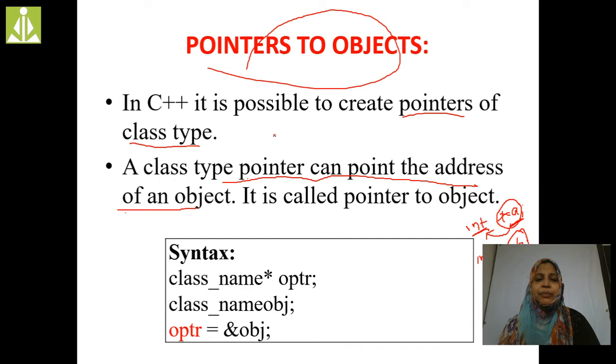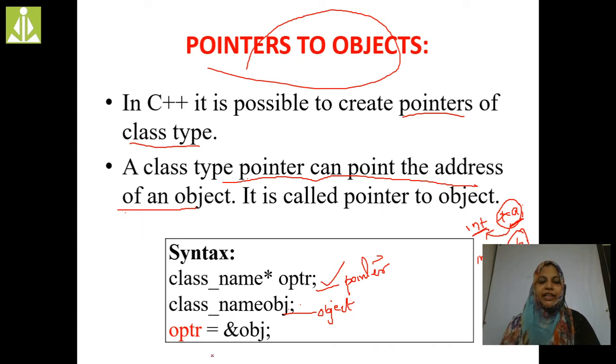If we create a pointer to the class, indirectly it is pointing to the object only. See here, the general syntax: class name star optr, this is the pointer. Now class name obj, this is the object.